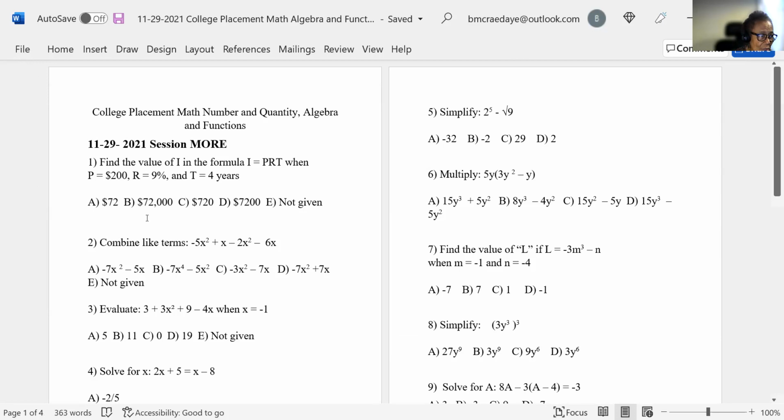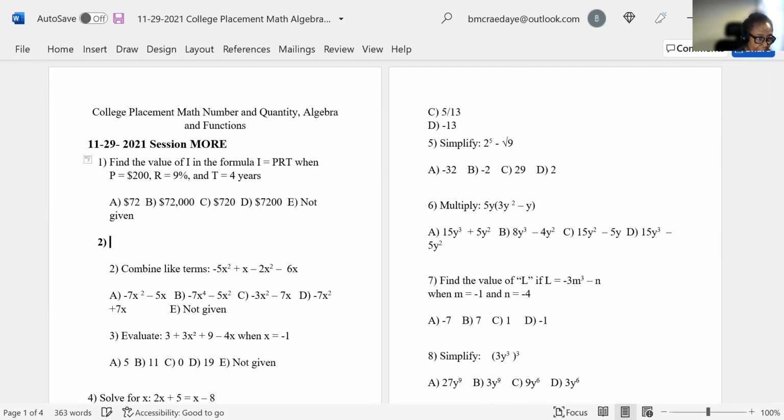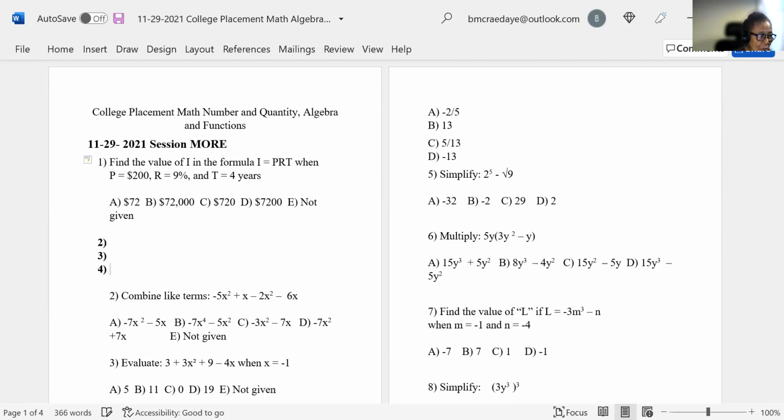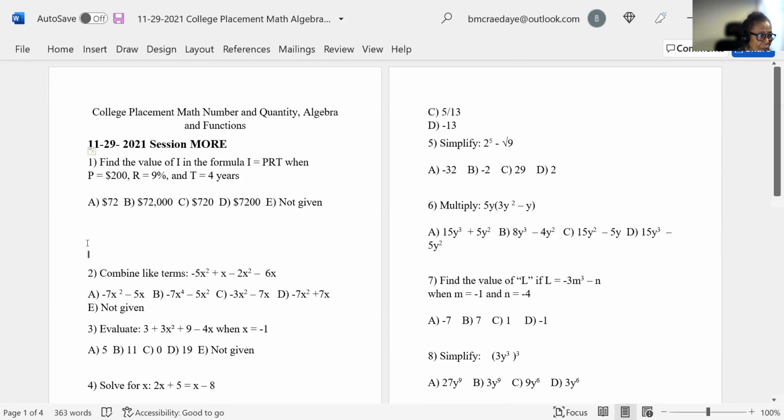You see this, Maureen? What does it say? Find the value of I in the formula I equals PRT when P equals 200, R equals 9%, and T equals 4 years.